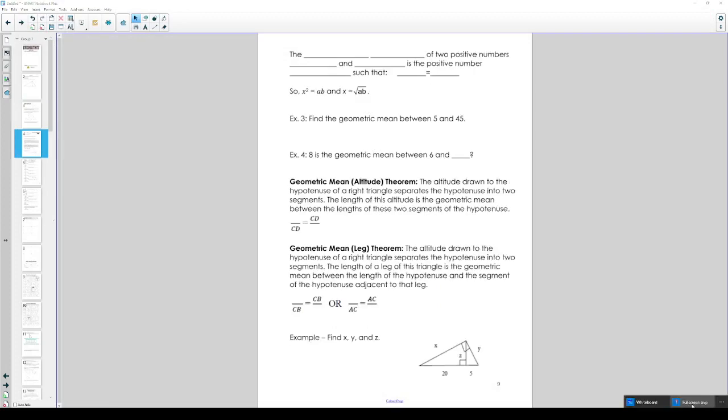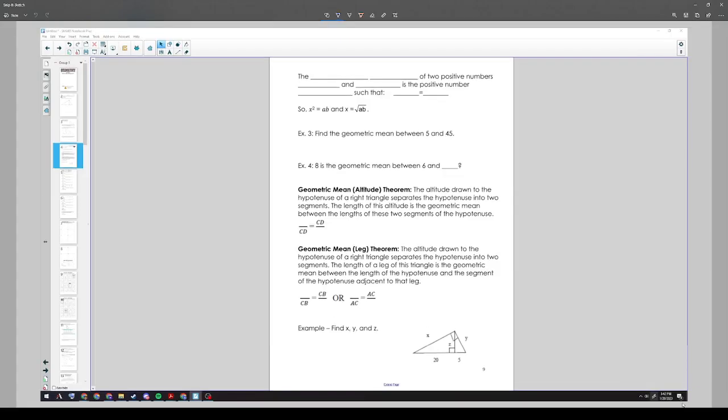Okay, so notes sheet, we've got the geometric mean of two positive numbers. We'll call those A and B here, just arbitrarily.